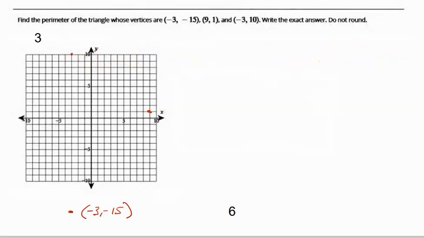So I'm going to use my line tool to draw these. So I went off a little bit, but this is a straight line. And then from here to there, and then from there to there.